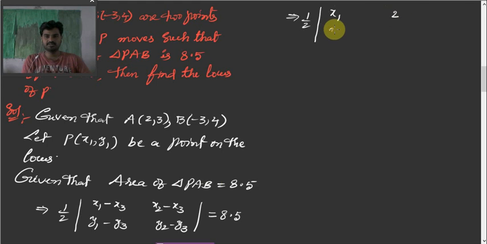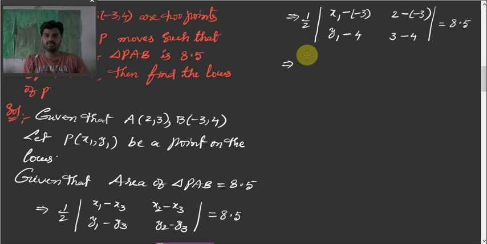The same way, y1 and the A point y coordinate 3. Now you have already fixed one point, the B point. The x coordinate of B is subtracted from the first row and the y coordinate 4 is subtracted from the second row. That means x coordinates are subtracted from the x coordinates and y coordinates from the y coordinates, and it is equal to the right hand side 8.5.